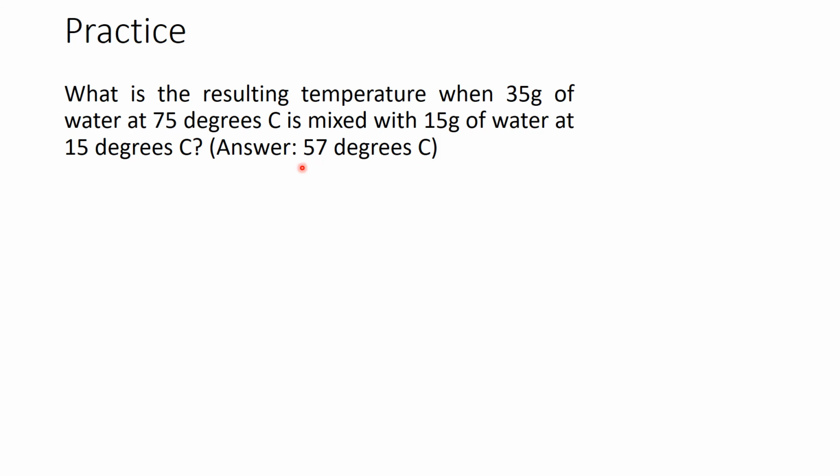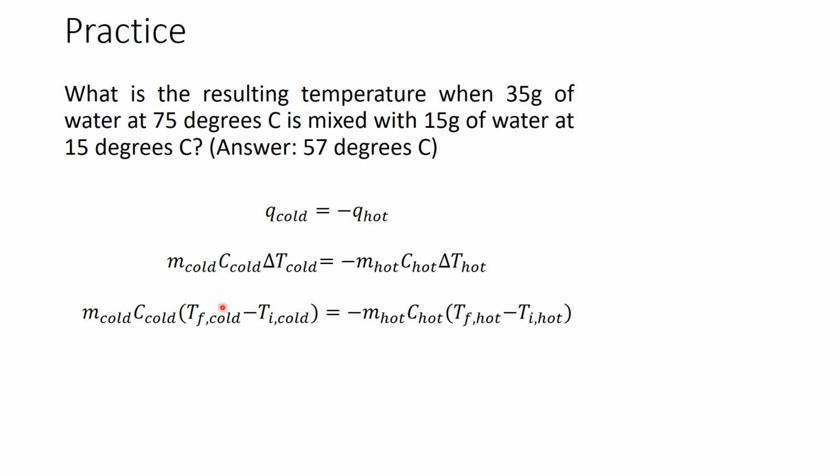But let's see. Just a couple hints here. First off, the heat absorbed by the cold water is equal to the heat released by the hot water. You should apply the Q equals mcΔT equation. And then just remember that delta T is not a temperature, but a change in temperature. So you've got to substitute the final minus the initial temperature.